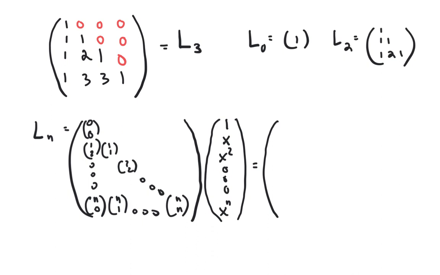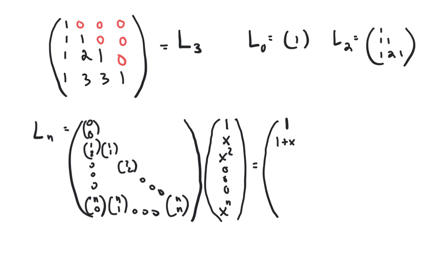So up here, we just get 1. That's nothing particularly interesting. Let's look at the next one. Here we have 1 choose 0 times 1, so that's 1. And 1 choose 1, which is 1, times x, and then the rest are zeros. So we're going to get 1 plus x.